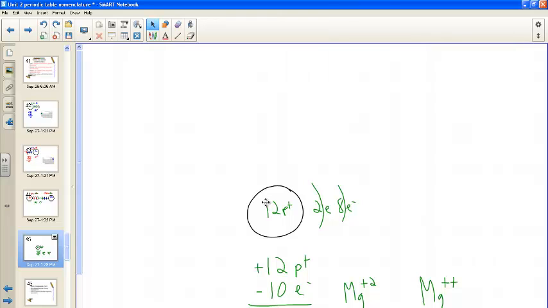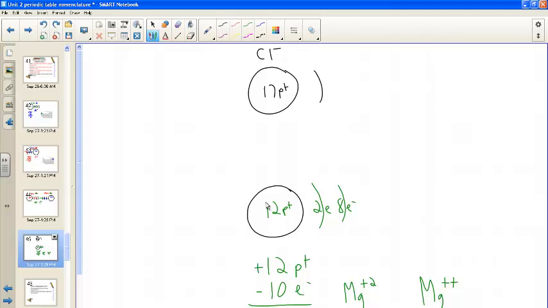Remember those chlorine ions that we had? The chlorine ion, or the chloride ion, had 17 protons, 2 electrons, 8, and 8 electrons. Normal chlorine atoms have 7 in their outer shell, but let me backtrack.